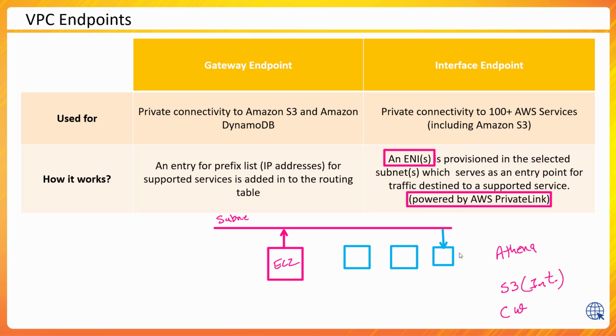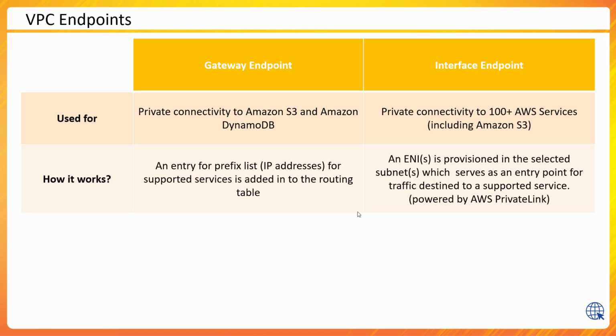One ENI for Athena, another ENI for S3, and another one for CloudWatch. So that's why you may have multiple ENIs and you are not having one ENI for all services. Every service would provision its own ENI, which would consume IP addresses in your subnet. So be aware that you would need sufficient IP addresses if you are trying to talk to multiple AWS services. Okay. So these are powered by PrivateLink.